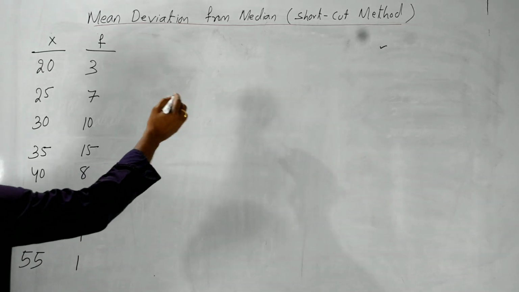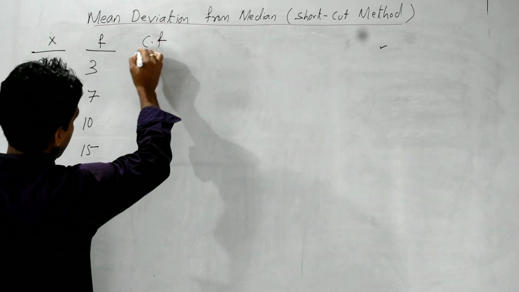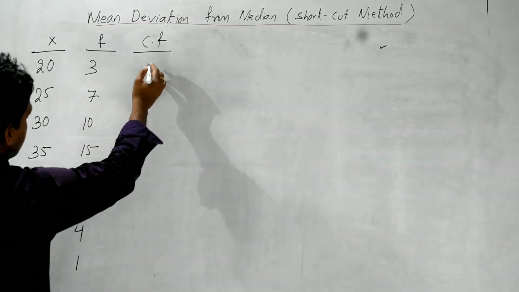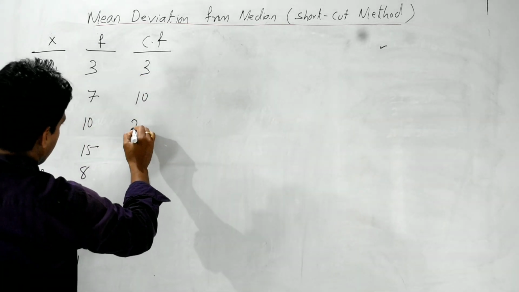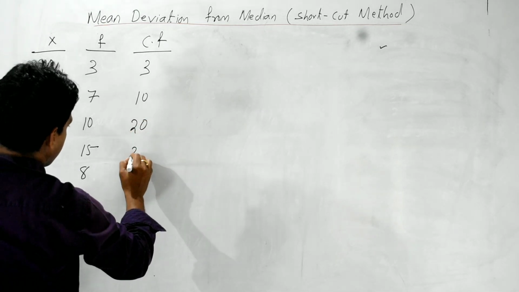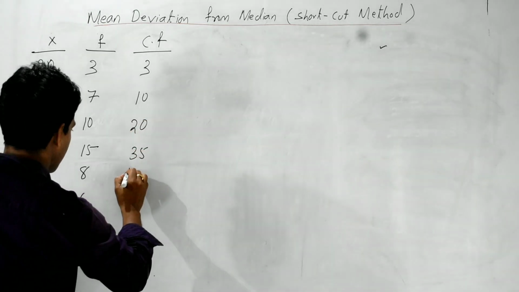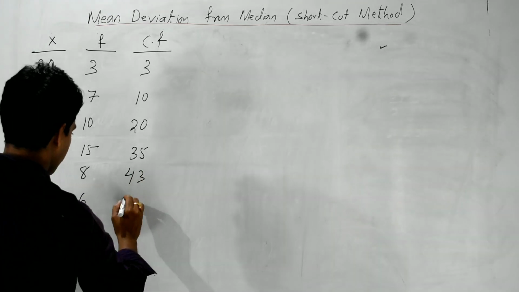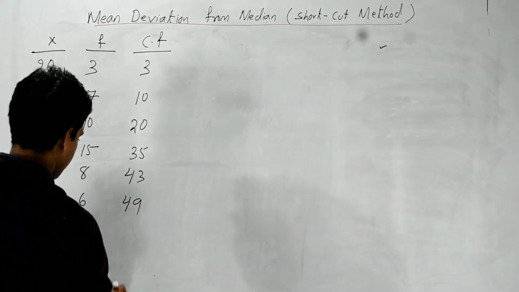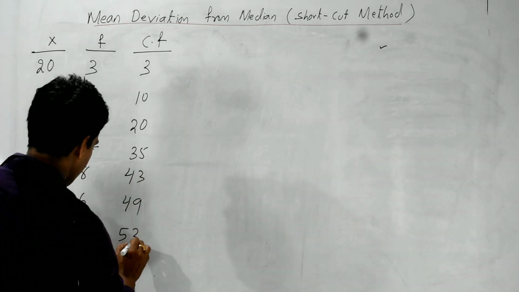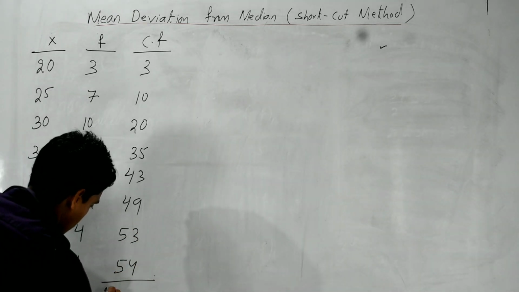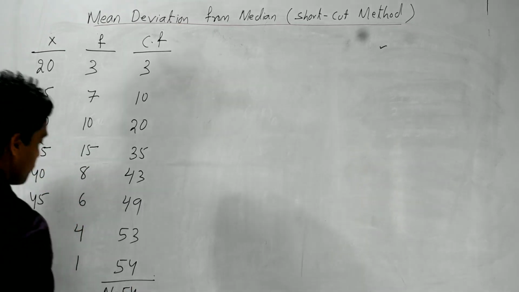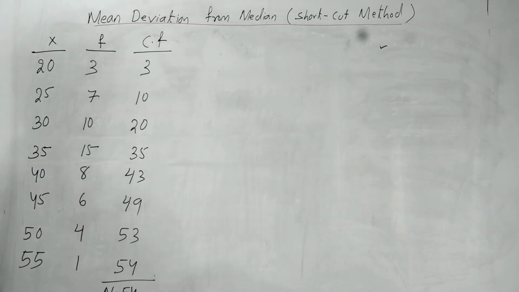That is, we have to find out cumulative frequency, that is CF. So CF should be 3, 10, 20, 35, 43, 49, 53 and 54. So total frequency should be 54.